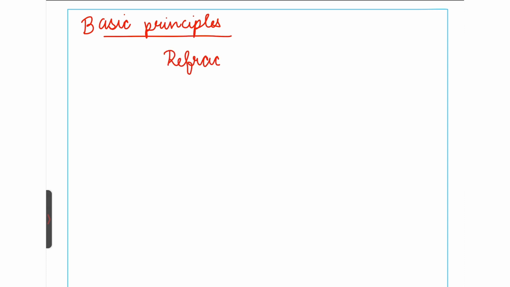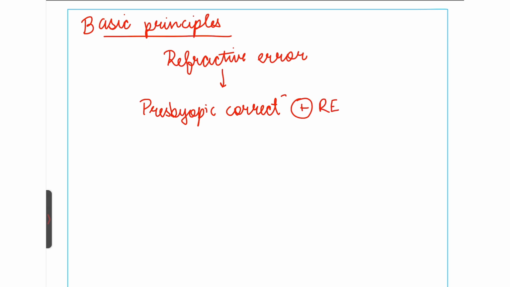Next, we have to look at some basic principles for presbyopic correction. We will look at it stepwise. First of all, we have to find the refractive error and then we have to correct it. Then we have to look at the presbyopic correction in each eye and then add it to the refractive error.